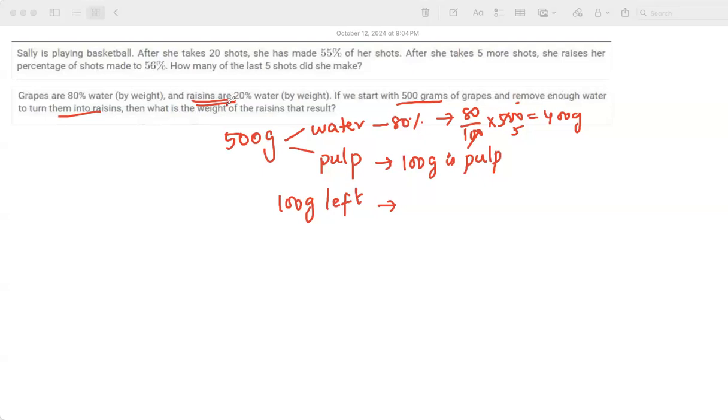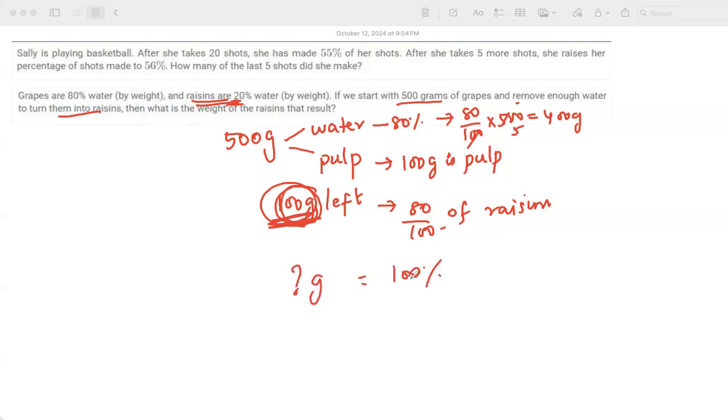Now, in the raisin, it's 20% water, but you have pulp here, so that constitutes 80% of the raisins. You got it? Yeah. So if 100 is 80%, how many grams will be 100%? That is the weight of raisins.